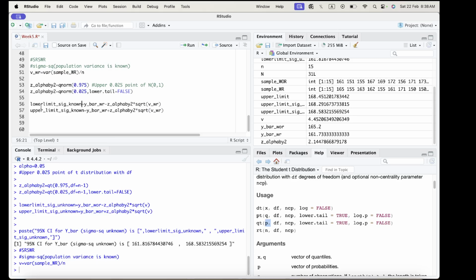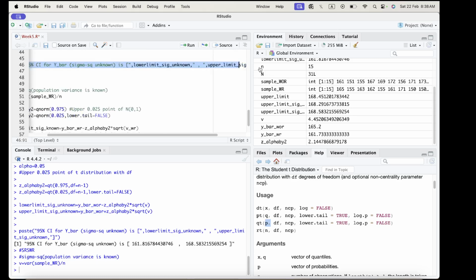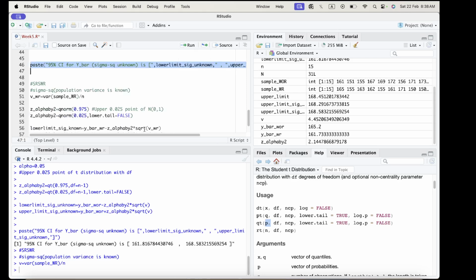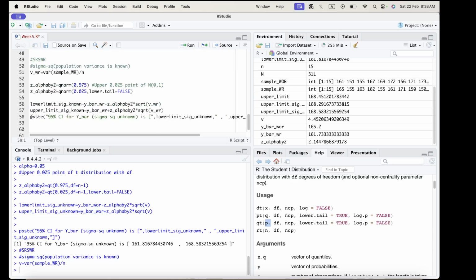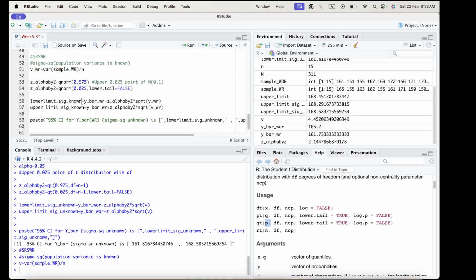So the lower limit when sigma known is y bar WR minus Z alpha by 2 into square root of VWR, where VWR is the variance of sample with replacement divided by small n. Just let me write this down. So this will be WR, lower limit sigma known WR.